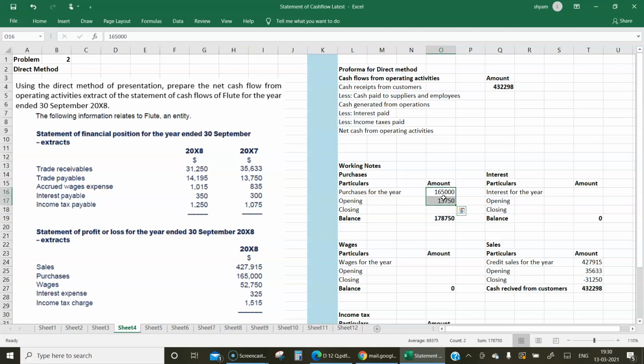Both of these we have to pay this year, but there is something still unpaid by us, which comes to 14,195. So this is what we have to pay, and this is still pending. The difference between these is the cash paid to suppliers.